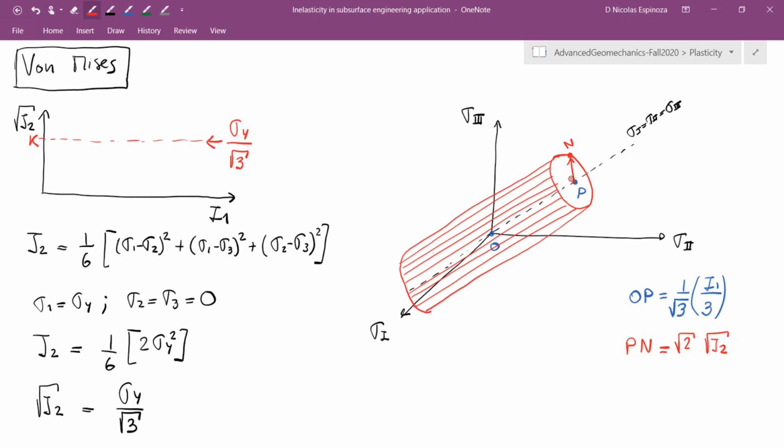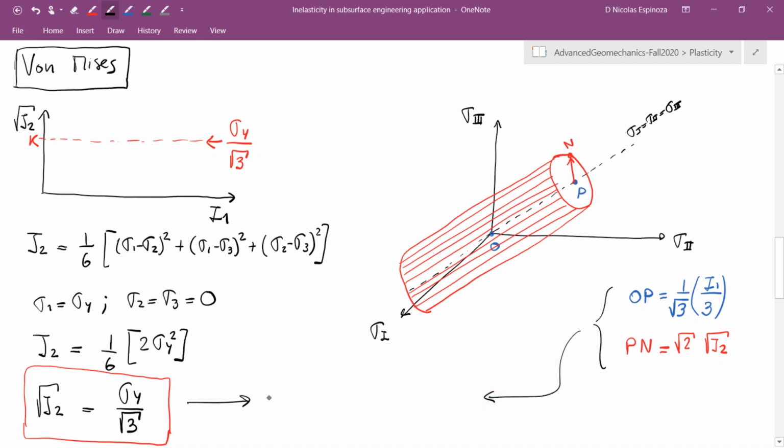And further, from combining what I have over here, which is the limit of J2 for a typical material with a test pulling just in one direction, I can combine this with the geometrical properties of the surface, and I can find out that the distance Pn, or the radius of that cylinder, is going to be equal to... Let me check again.